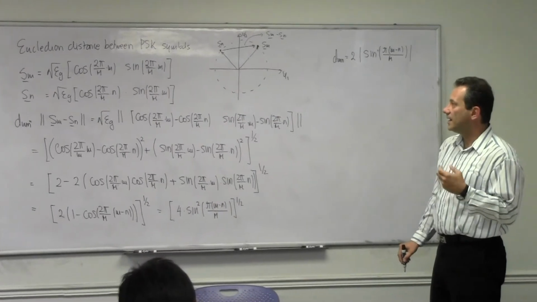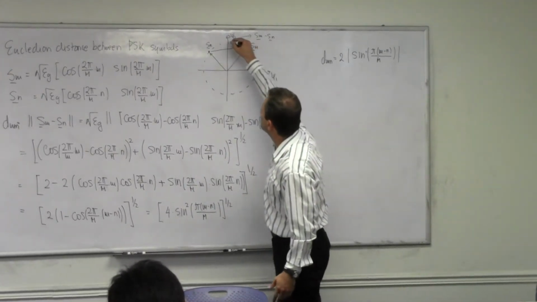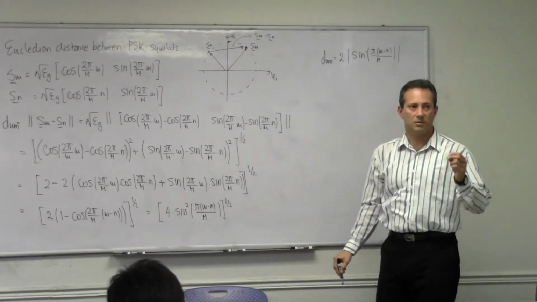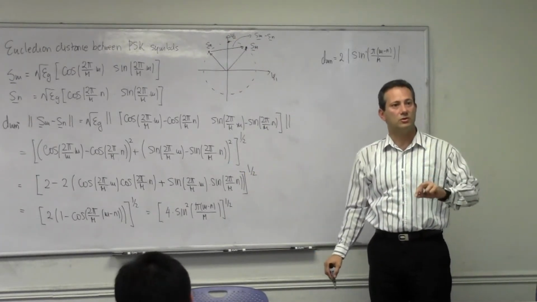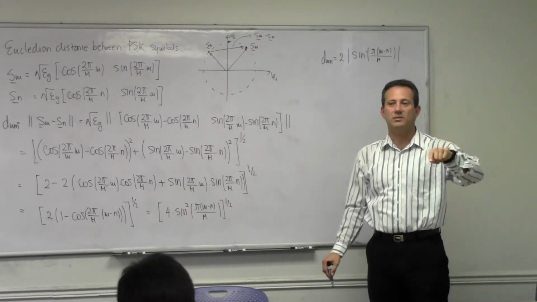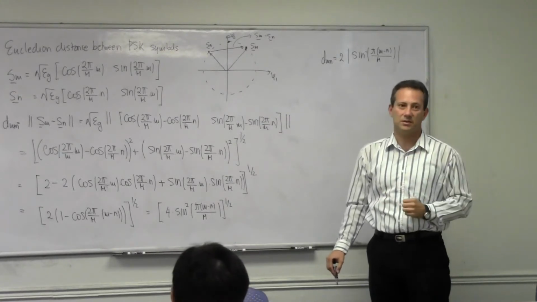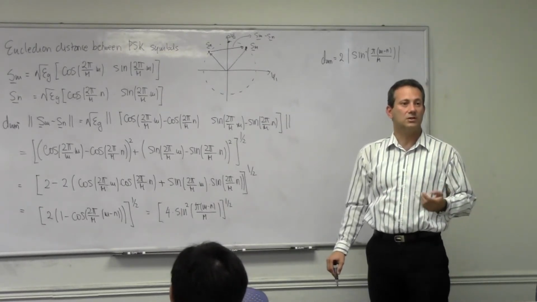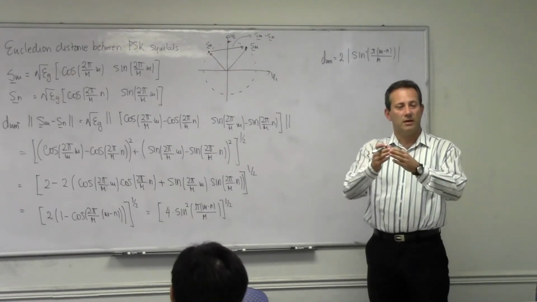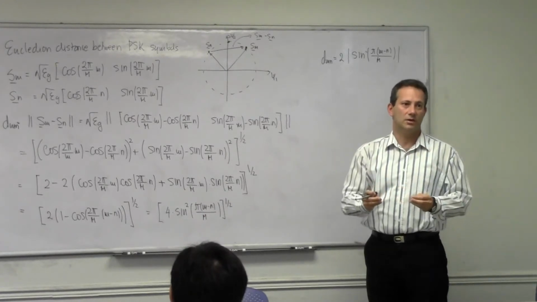Of the highest importance to us is really the distance between adjacent symbols, right? Why is that of the highest importance to us? Because remember, at some point we're going to introduce the noise, and what noise is going to do is try to make this symbol look like some other symbol, right? So that it confuses us and makes us erroneously detect the symbol. That's the most likely to occur among the symbols that are adjacent to each other, right?